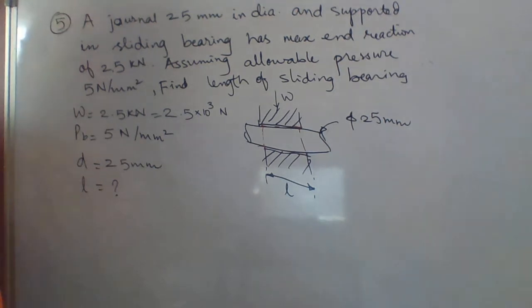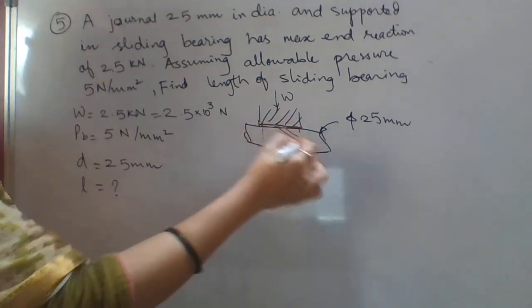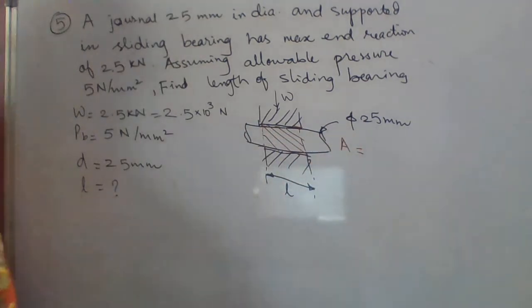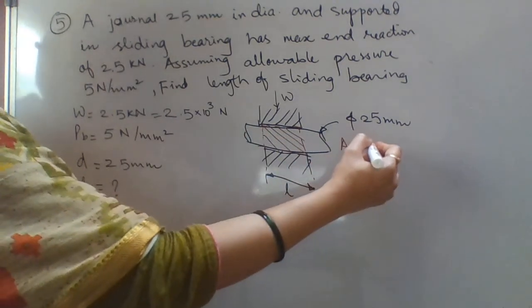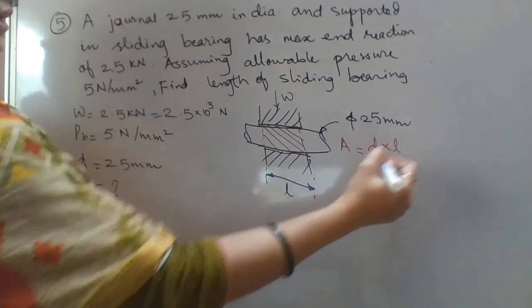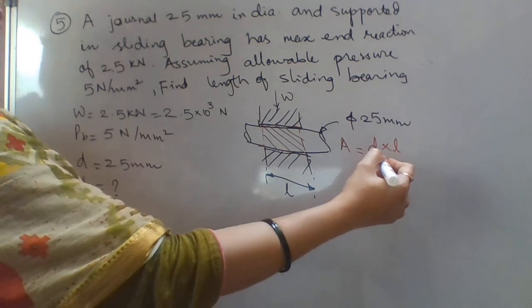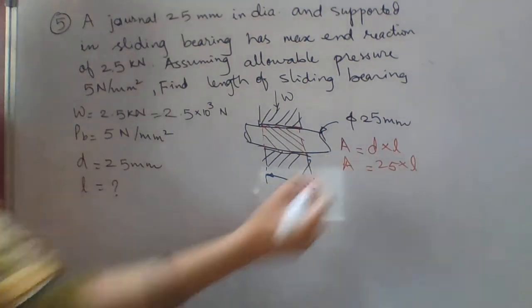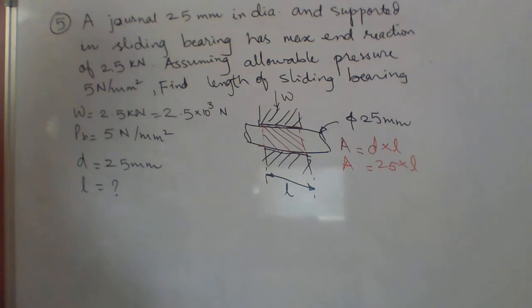This projected area is nothing but diameter into length of the bearing. Diameter is 25 and length is unknown. So the unknown dimension is in the area.